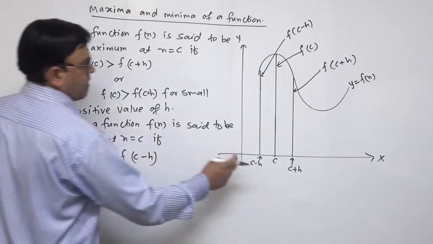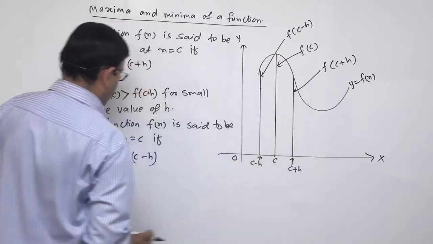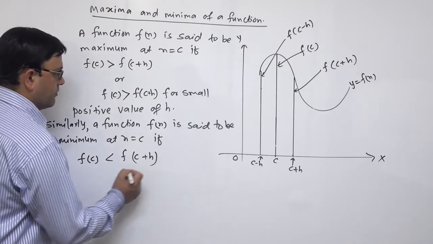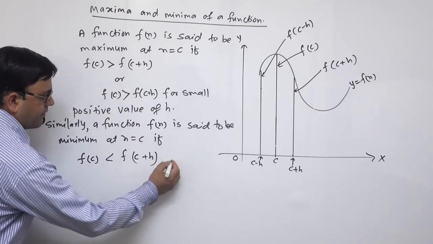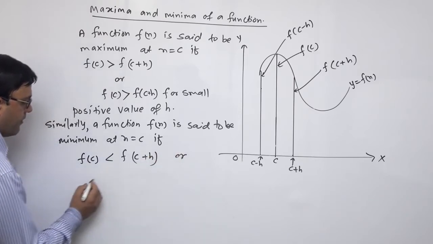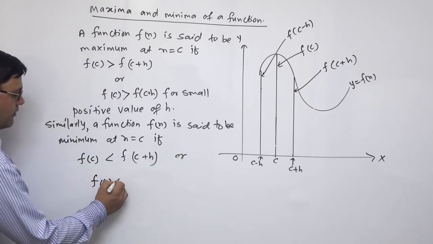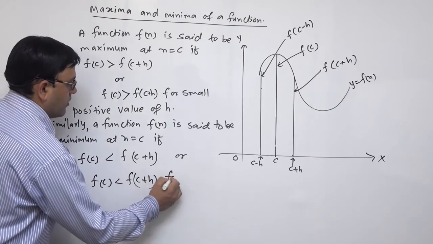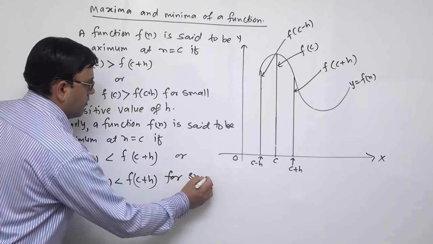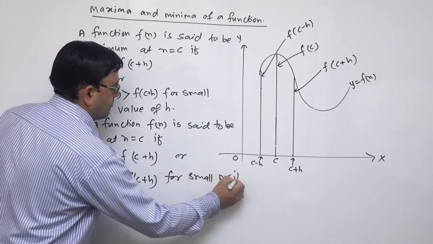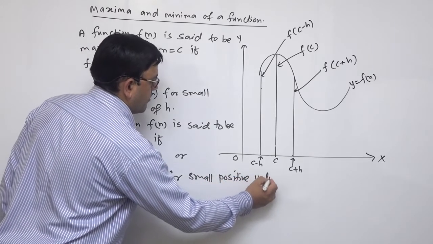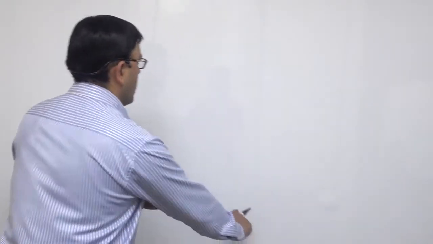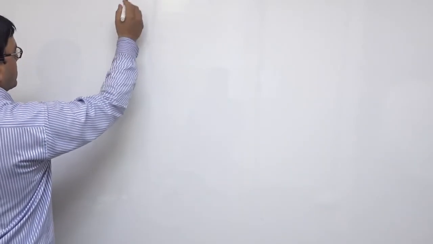See, c minus h is smaller than f(c), and this is our f(c plus h). Now let's see c plus h, or we can write f(c) is less than f of c plus h for small positive value of h.